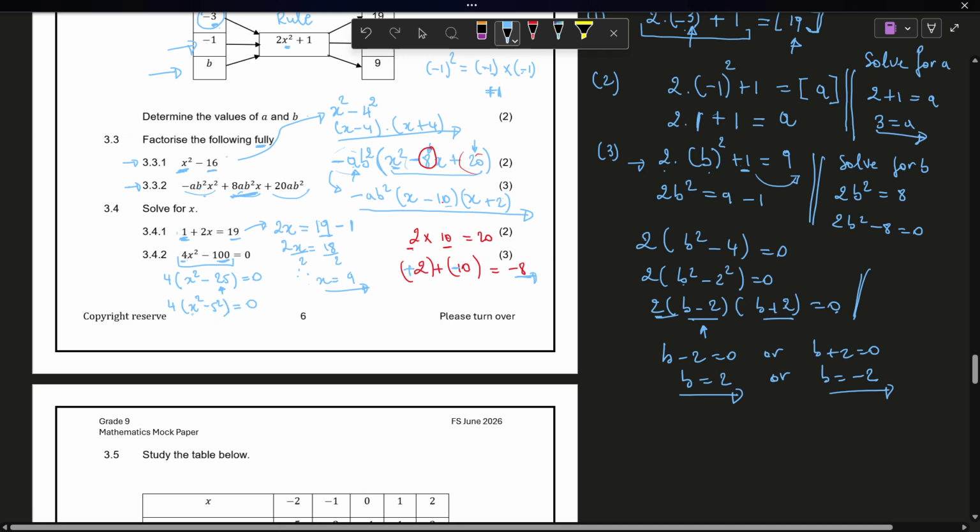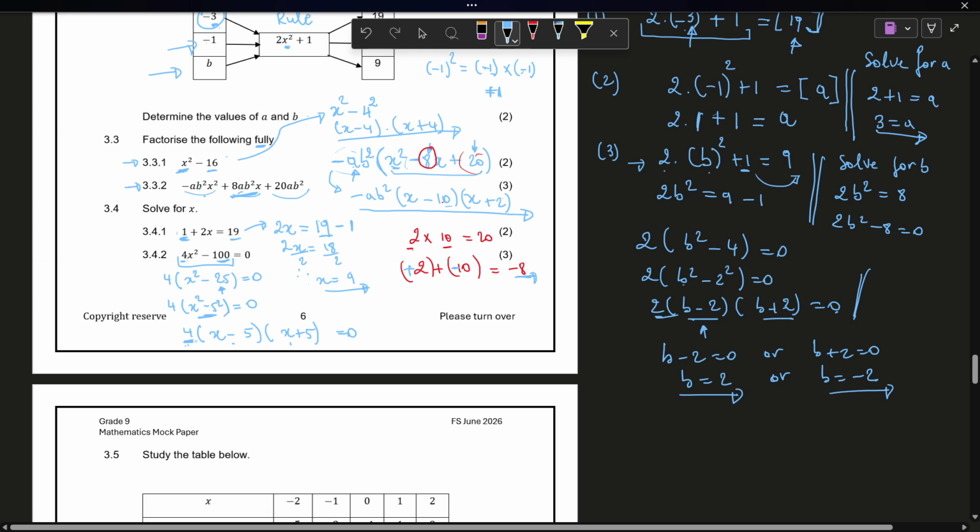Now I've got the difference of two squares. It's easy to factorize. So I get 4 factor of x minus 5 factor of x plus 5 equals 0. Now, when my factors is 0, we know that 4 indeed is not 0.